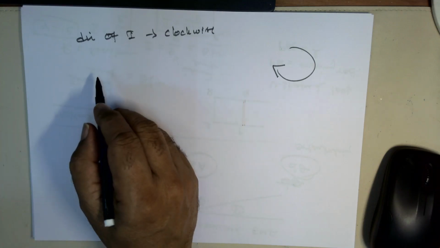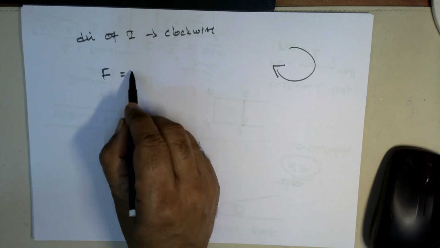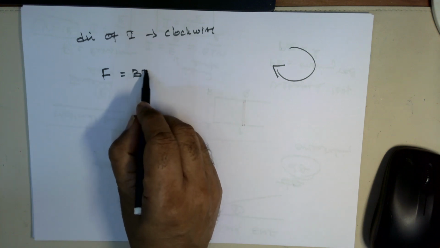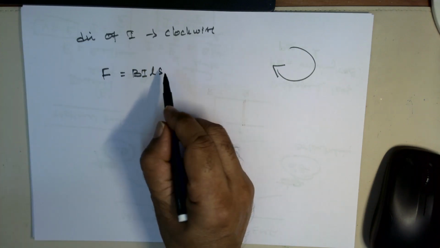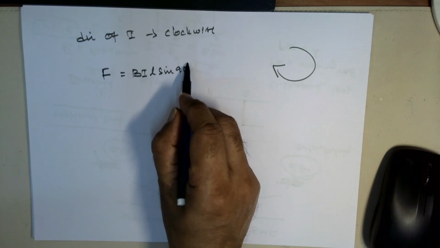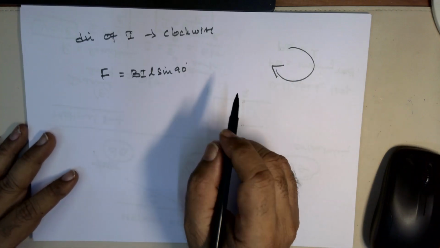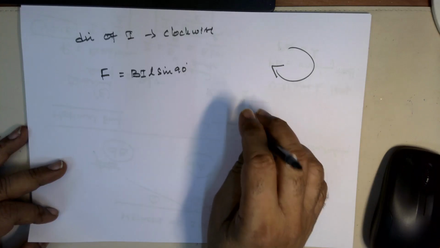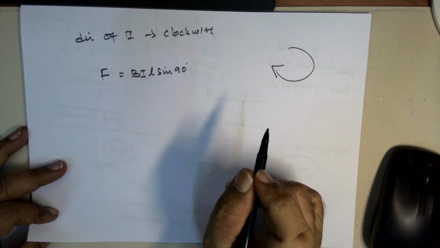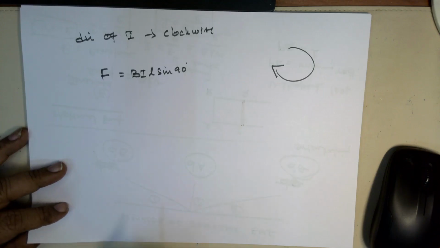So let us consider the force experienced here, F is equal to B into I into L into sine of theta. So here it is perpendicular, so I can put sine 90 degree. Okay. And what is this I?